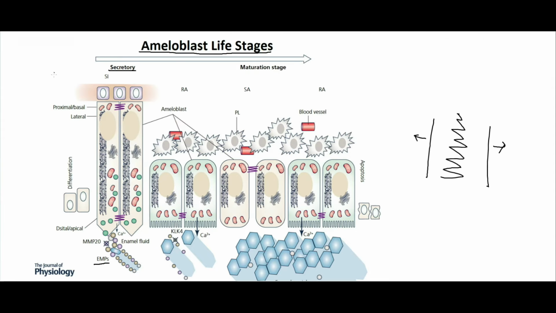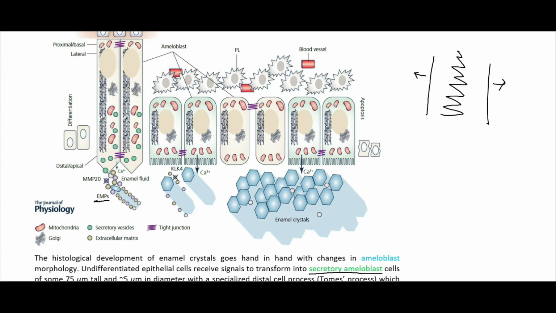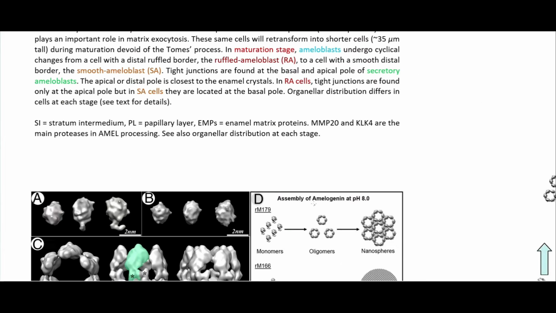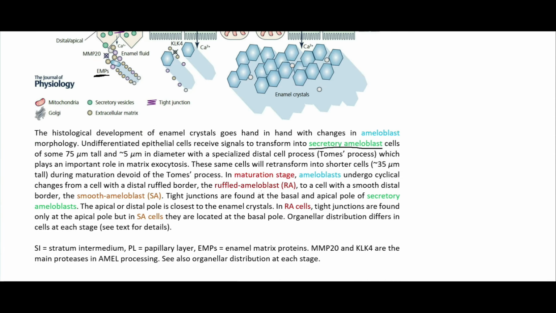And so that's these ones right here, which are these really elongated, tall cells. And those are the ones that are secreting these EMPs, these enamel matrix proteins, of which we will talk about in a little bit. Amelogenin is one of the main ones.